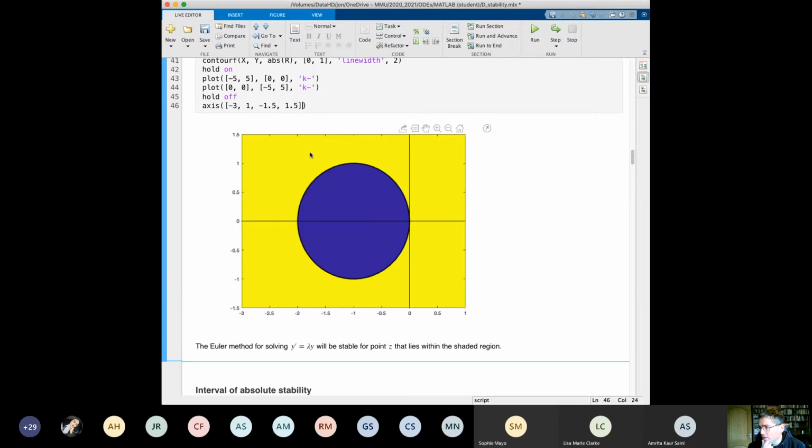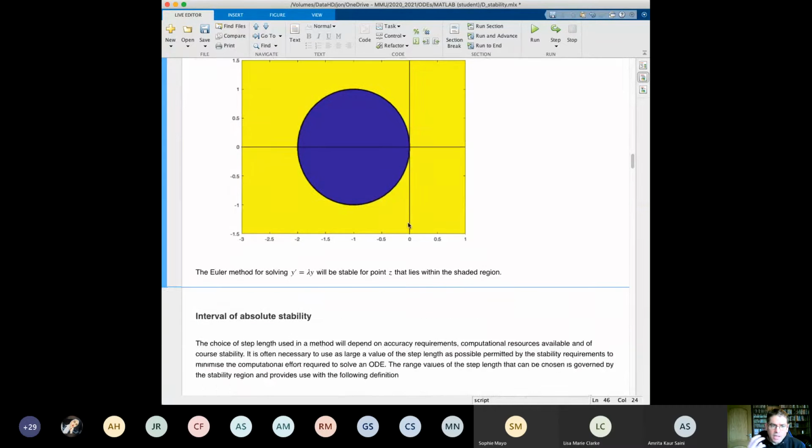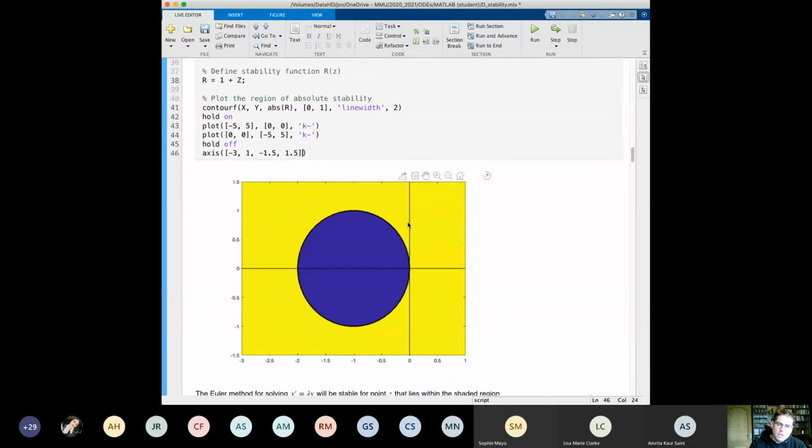Anything outside is unstable. I don't quite know why I've got a snazzy color scheme on that one, but we'll leave it for now. These are plots of absolute stability, and they're useful for comparing stability properties of different methods.